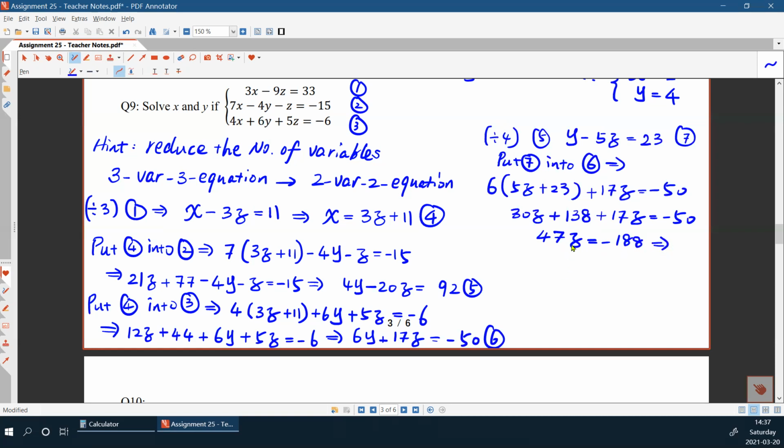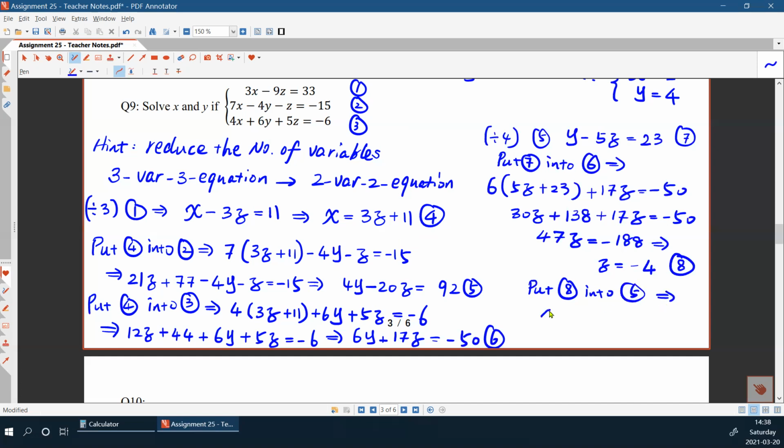Okay, so the good news is 188 is divisible by 47. So that means z is minus 4, right? Okay. So here we have solved z. Then we can put number 8 back into 5, right?